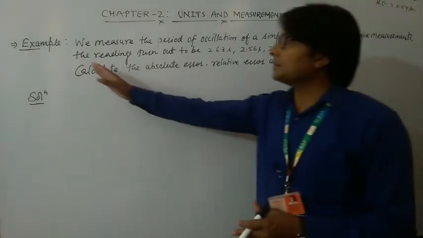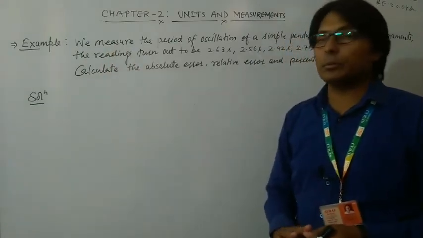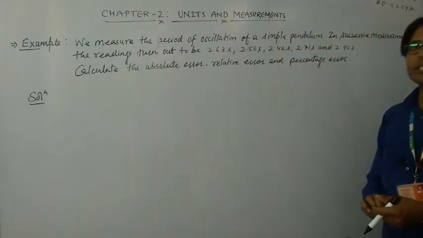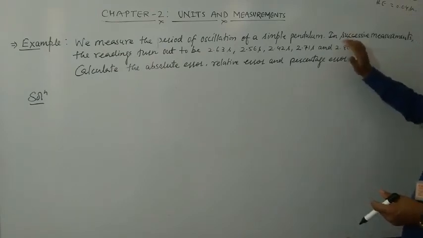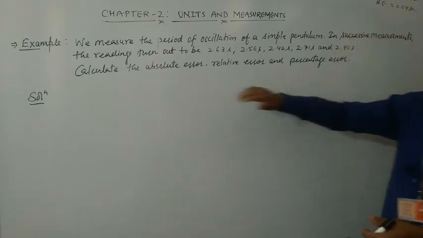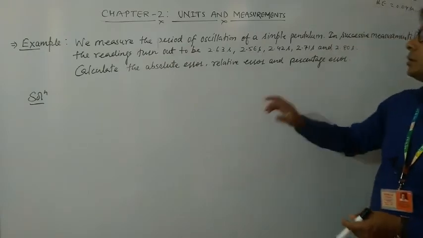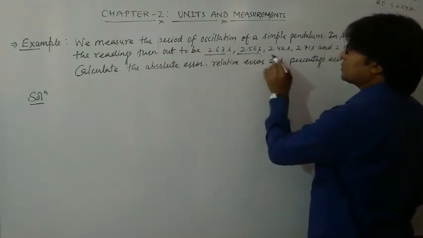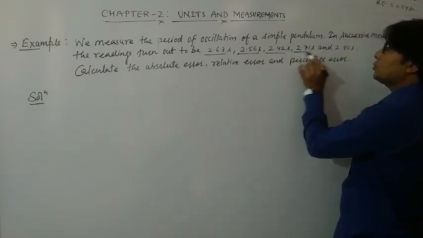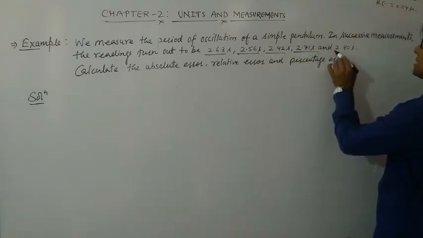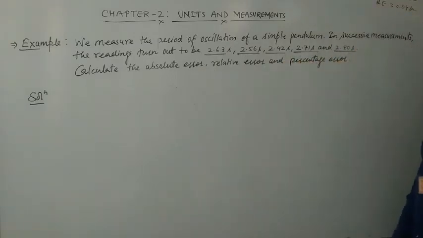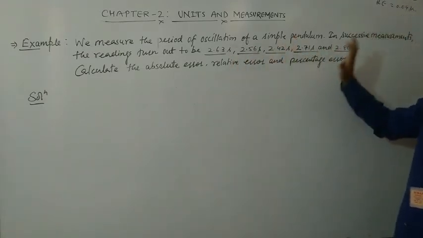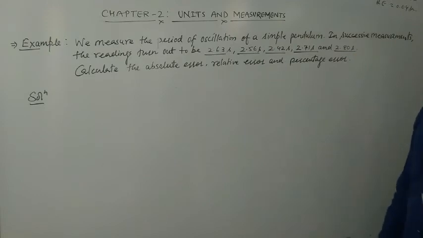I have taken this example from NCERT. We measure the period of oscillation of a simple pendulum. In successive measurements, the readings turn out to be 2.63 seconds, the very first reading, 2.56 seconds, 2.42 seconds, 2.71 seconds, and the last reading is 2.80 seconds. So these 5 observations or readings have been taken with the help of a simple pendulum.